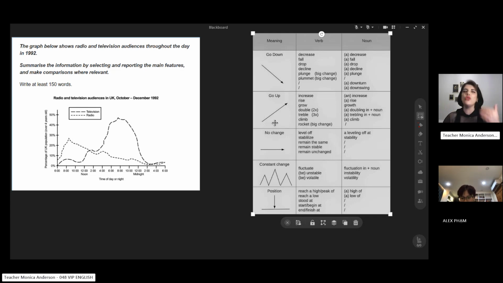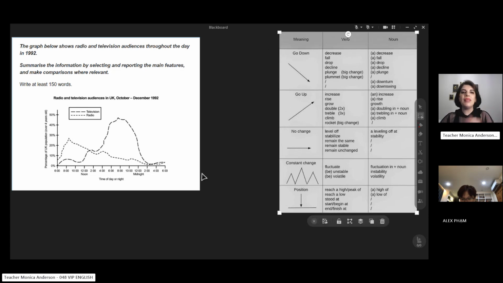For example, as I told you before, in a process diagram we have different vocabulary, but here we have different verbs and adverbs that you need to use in order to write your essay. As you can see, some verbs and nouns mean go down, go up, no change, constant change or the position. We will discuss them later.